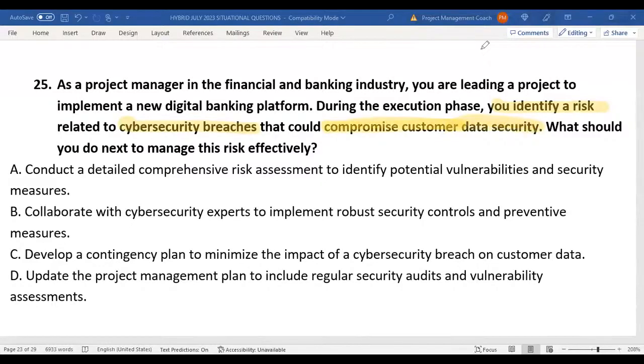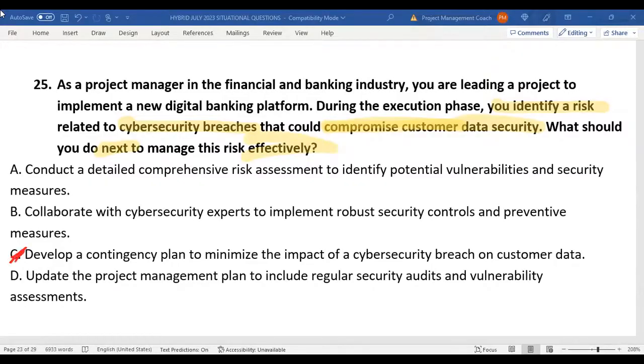What should you do next to manage this risk effectively? Keyword, effectively, and next. So if you find that customer data could be compromised, not that it is being compromised, but it could happen, you need to be proactive and take proactive action, not reactive action. Developing a contingency plan is reactive action. We already know that developing a contingency is like accepting. So it's not C.